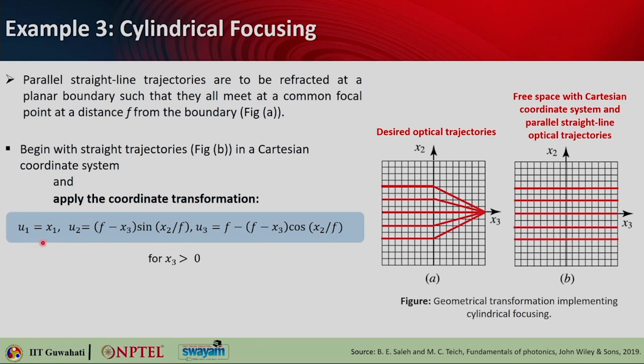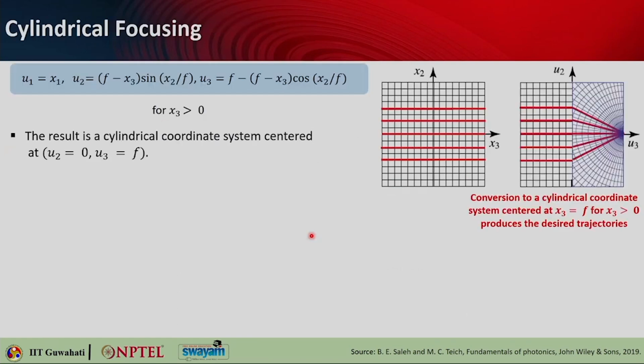So u1 is same as x1, and u2 and u3 will be changed as per this equation. One will be a sine function of x2 over f, another one is a cosine function. So this will actually change the right side into a cylindrical coordinate system, and this is centered at u2 equals 0 and u3 equals f.